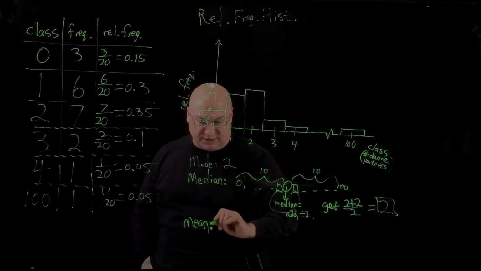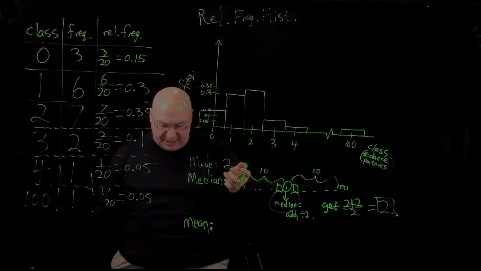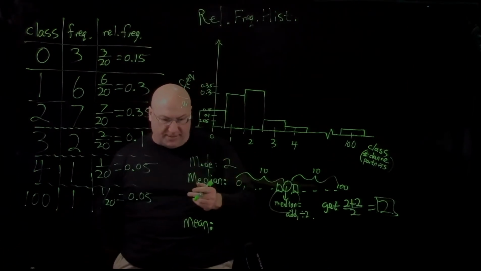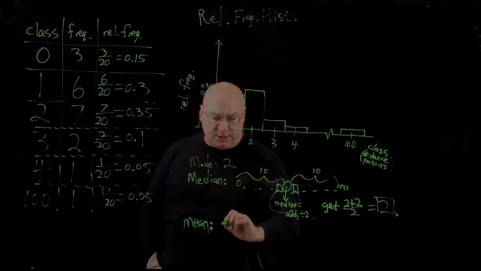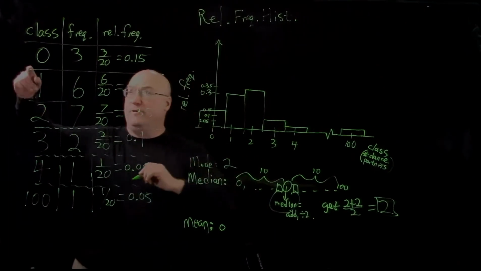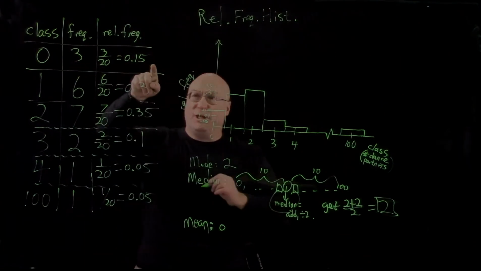And I'm going to use the more sophisticated way of computing the mean that we had before, and that is I take each data value, so I'm looking over here at the class, times its relative frequency.